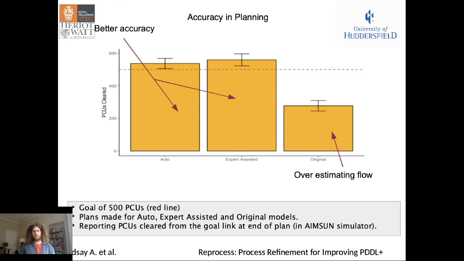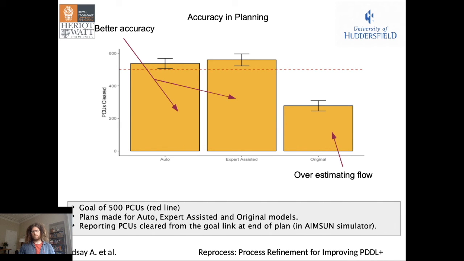We then tested it in terms of planning. So in this case we have the same goal in each case, and we use the new model to actually plan with, and in the original, and then we actually test it in a traffic simulator, and this is trying to gauge how close it got to the actual goal.